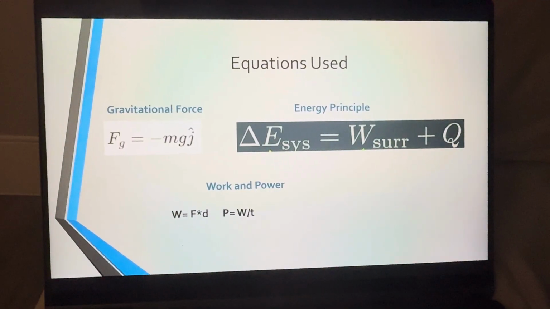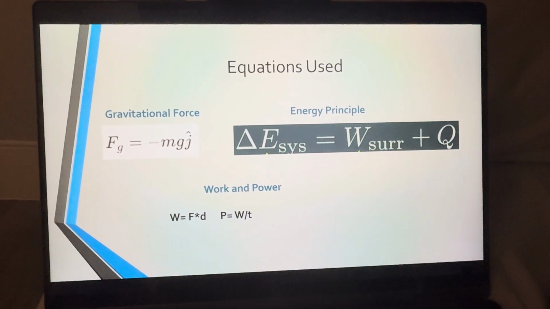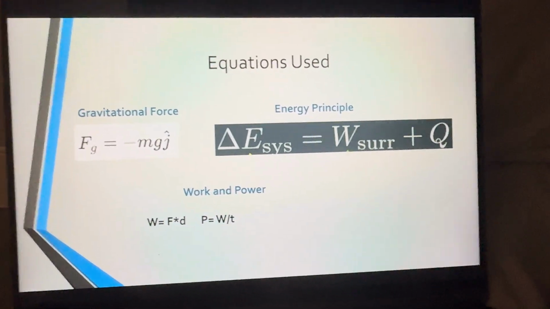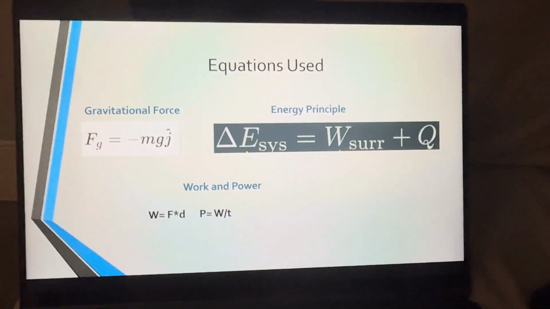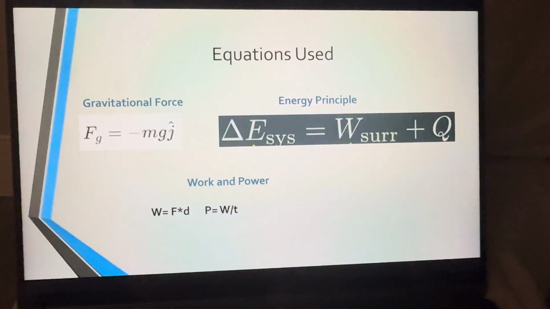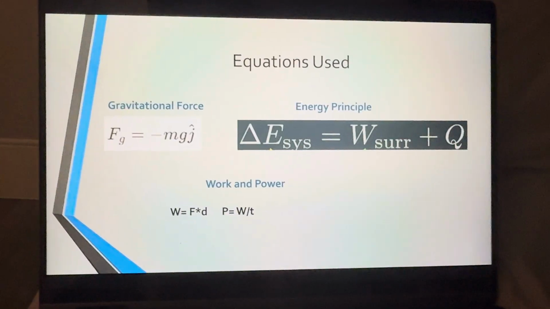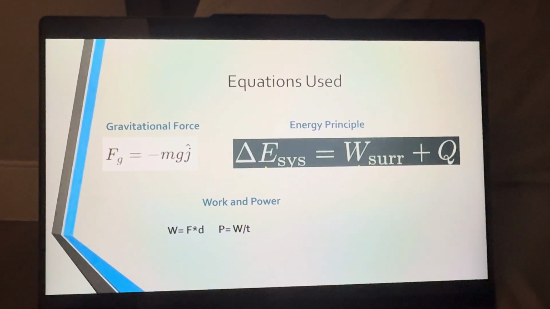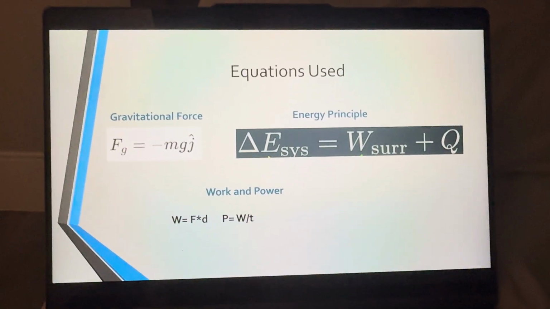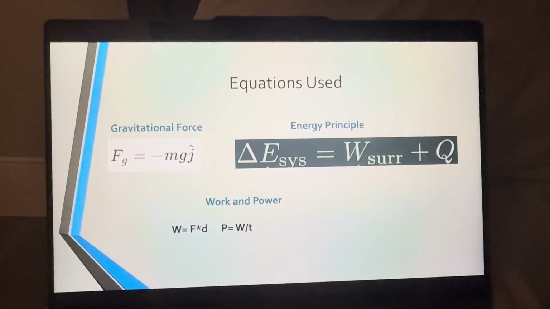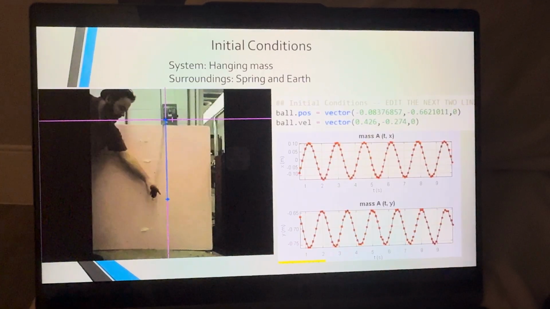And the other one is the gravitational force, negative mg j hat, and the energy principle, which is the total energy of the system equals the work of the surroundings plus Q. And we also needed some work and power formulas in order to see how much force was actually being used upon the system.